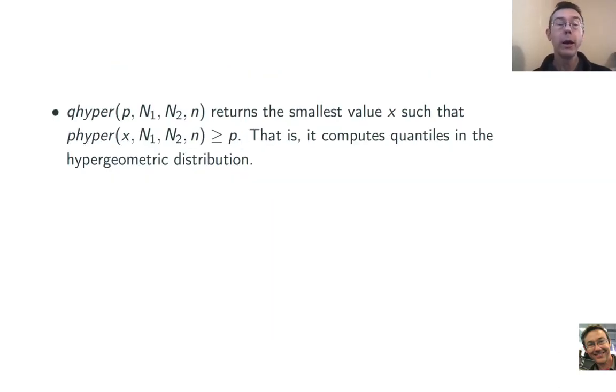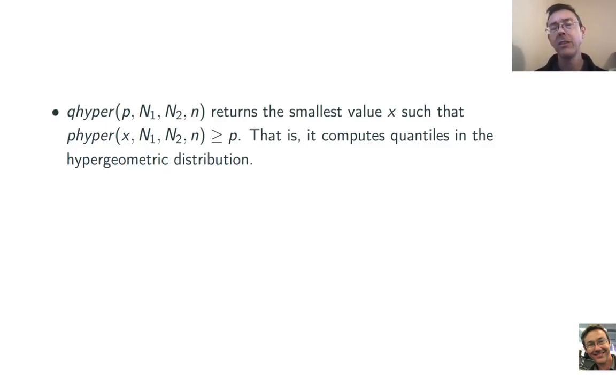Finally, qhyper is the inverse cumulative distribution function for the hypergeometric distribution. To say it differently, it returns the smallest x value such that phyper(x, n1, n2, n) is greater than or equal to the p that you fed it inside of the qhyper command.